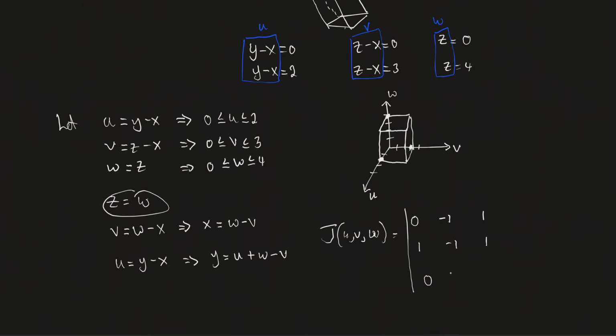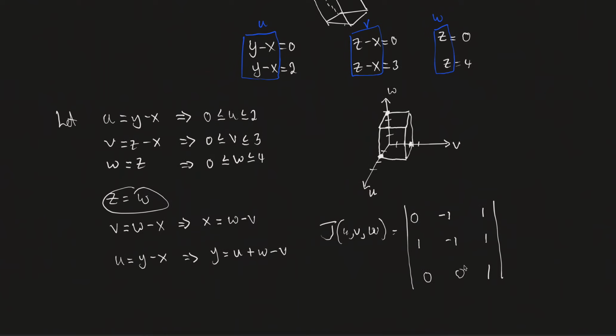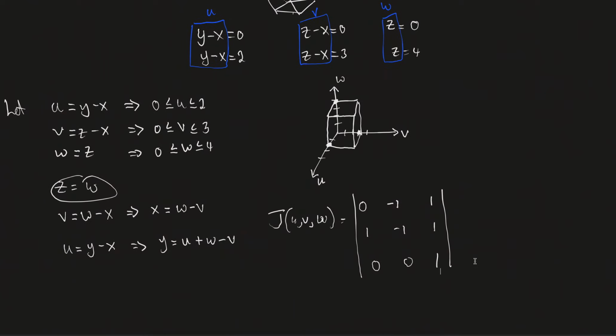There is no v in that equation either, so the partial derivative of z with respect to v is 0, and the partial derivative of z with respect to w is 1. All right, so there is our 3x3 determinant. Thankfully, it's not too complicated at all.